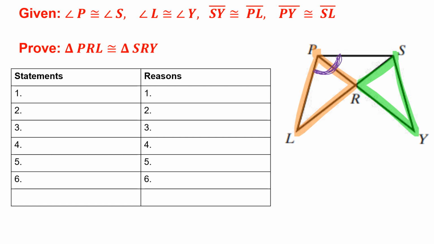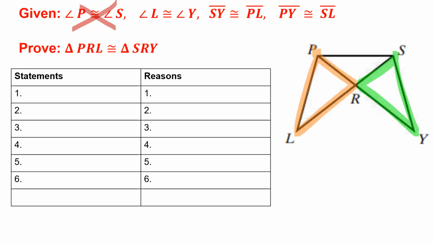So this is P and this is S. But that goes into this little top part of the triangle, which we're not using as part of our proof. So I don't think we're going to be able to use that first part of our given information, so I'm just going to mark it off. Don't worry about using that.